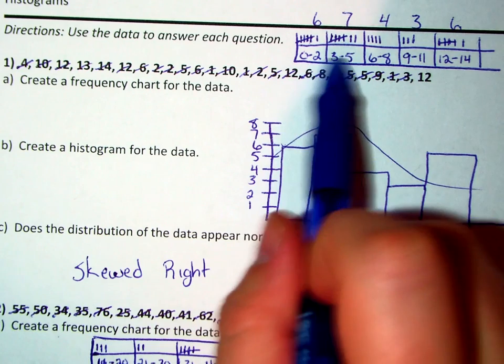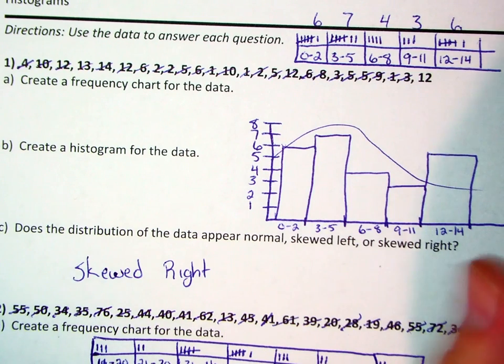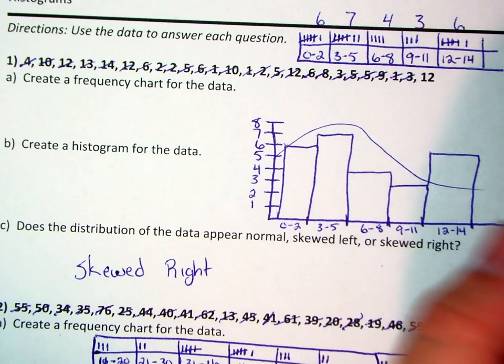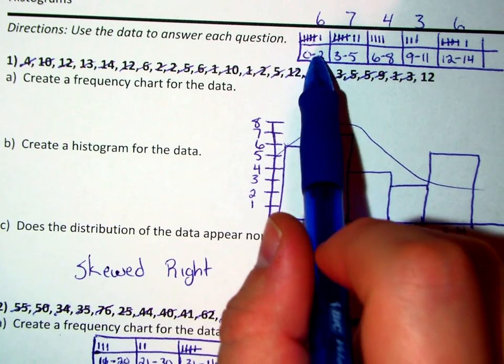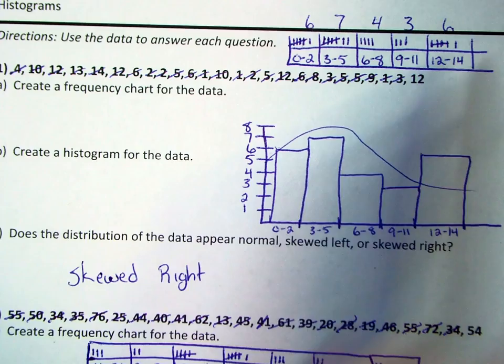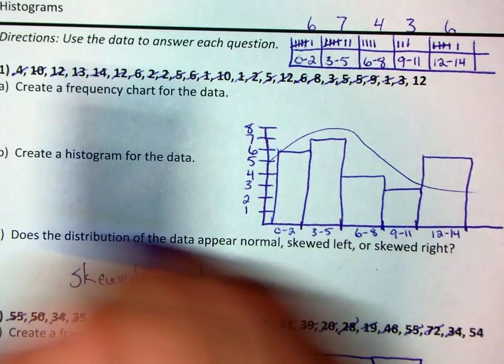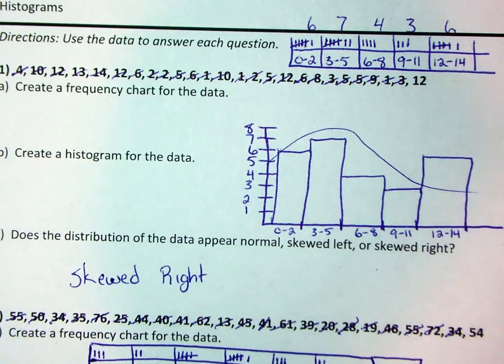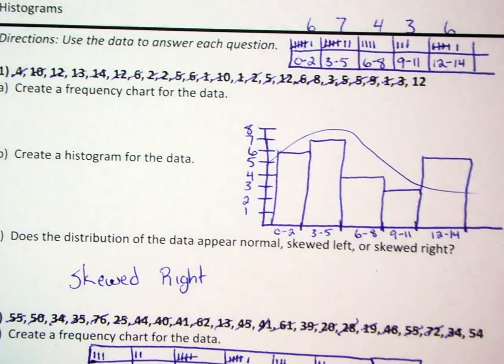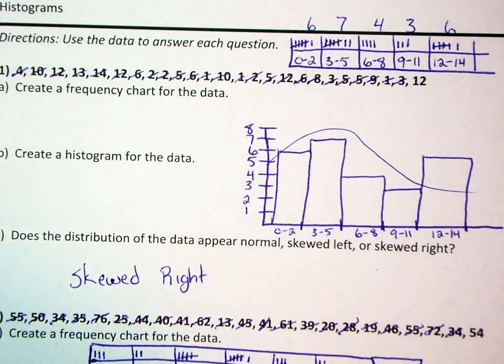As you can notice, the data range on each of the bins is consistent: 3 values, 3 values, 3 values, 3 values, and 3 values. So that my data, as it's inputted into each of those bars, would be consistent as well. And that has left me with what looks to be a slightly skewed right distribution of the data when it has been graphed into histogram form.